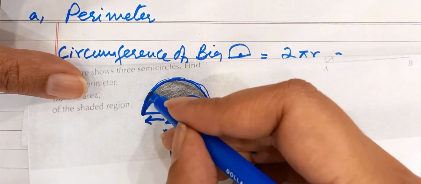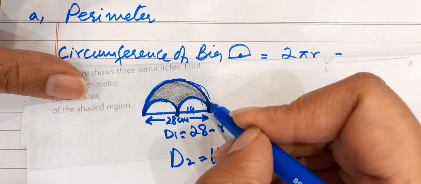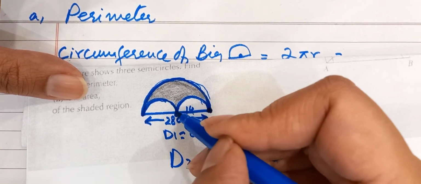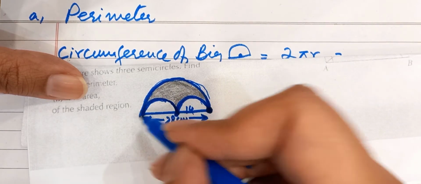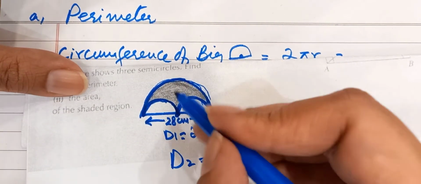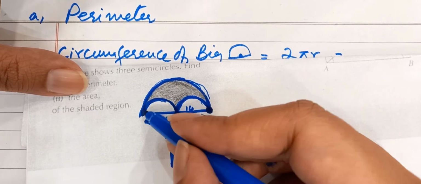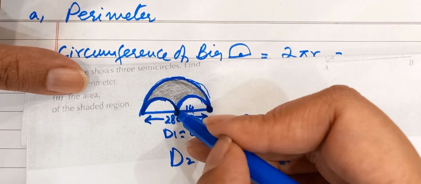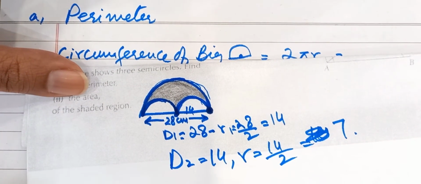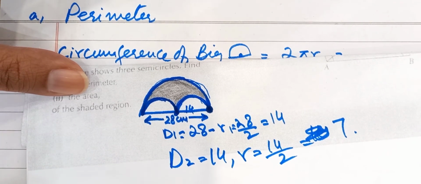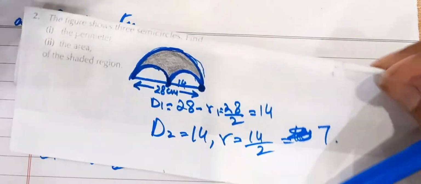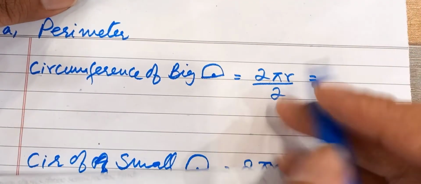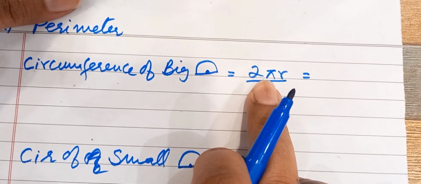Perimeter is the sum of the outer lines of any shape. As I have to find the perimeter of the shaded area, the outer lines of the shaded area make up the circumference of three semicircles, in which two small semicircles are identical. So I shall proceed with my maths. The circumference of the big semicircle: the circumference of a circle is 2 pi r.